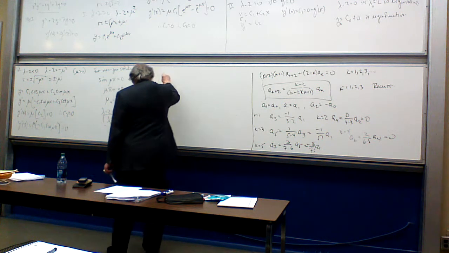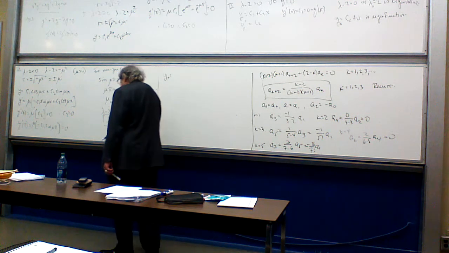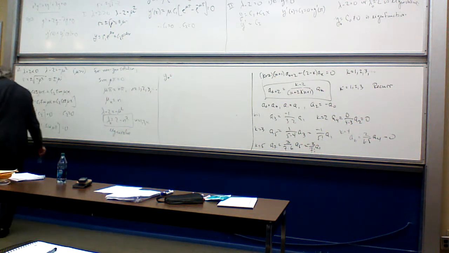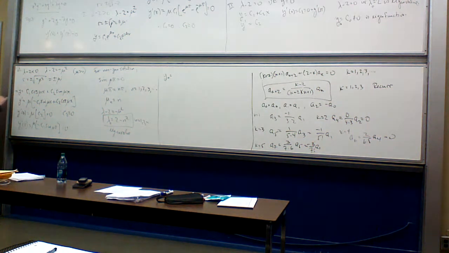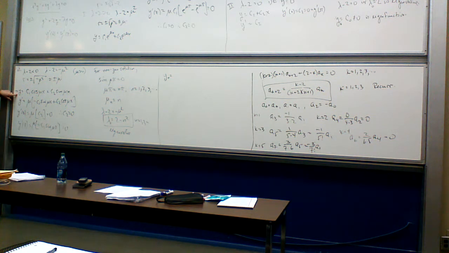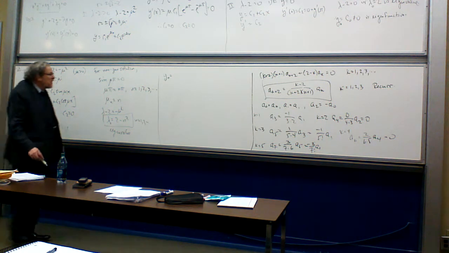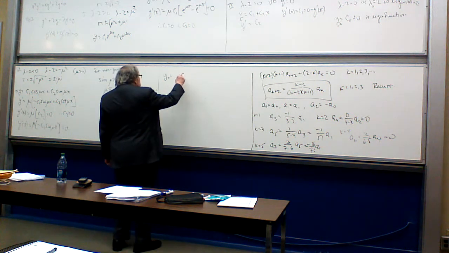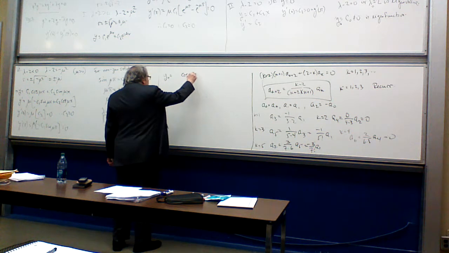Corresponding functions. Here's the solution, here's the y. C2 was the thing that became a 0 here, so that got rid of the sine. The solution function that's left is the cosine.